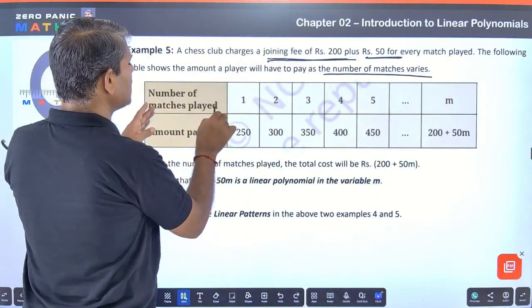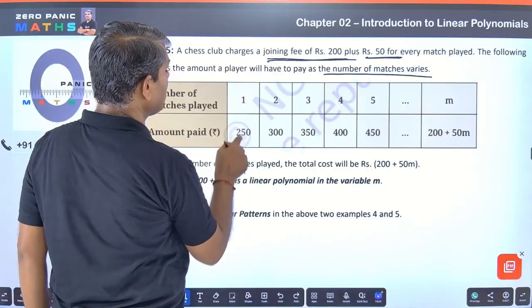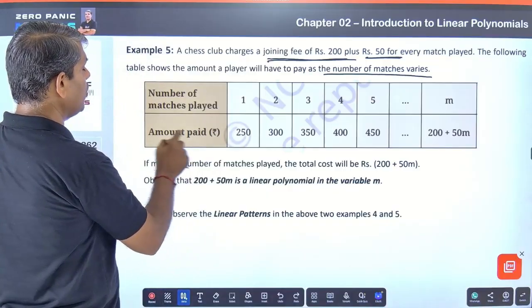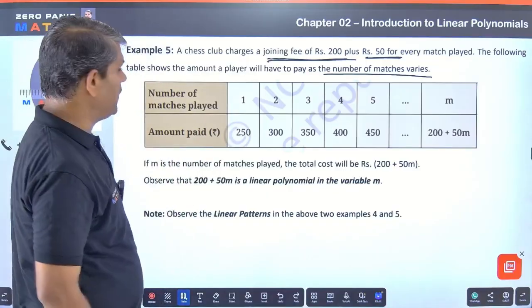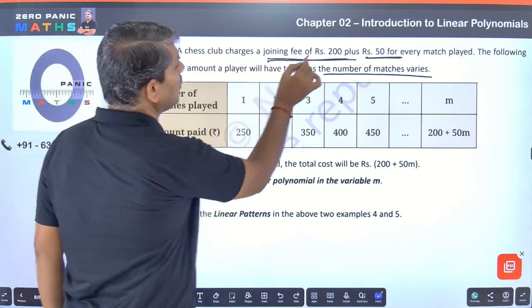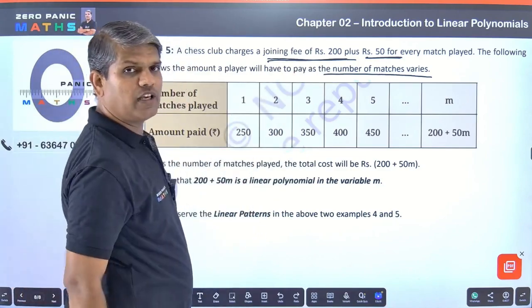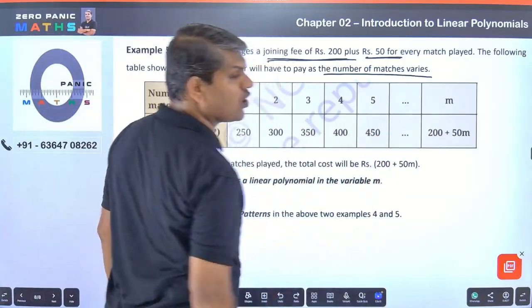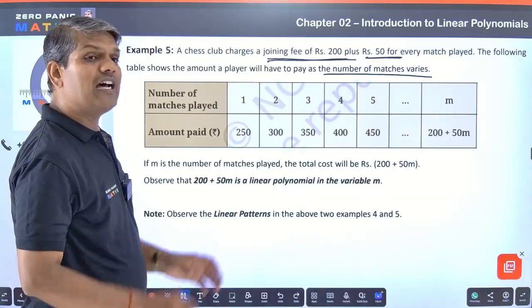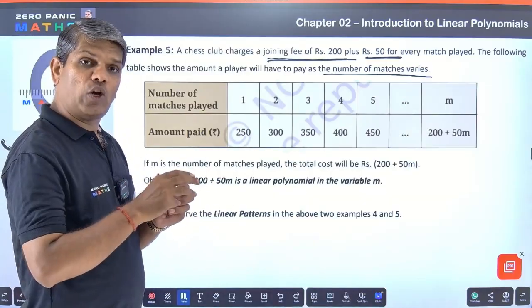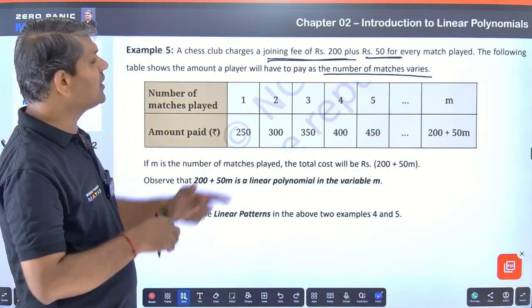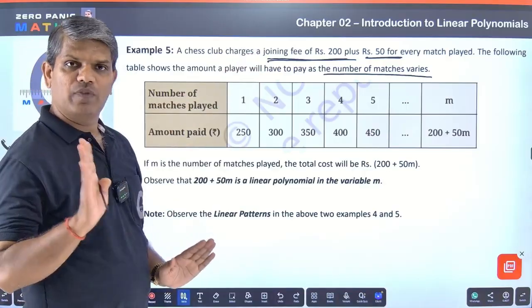The number of matches played, if he plays one match, he will have to pay 250 rupees. The second row here is the amount paid in rupees. Why 250 rupees? Because 200 is already paid as a joining fee. So whatever value you see in all these cells is 50 rupees added per match in addition to the 200 given as a joining fee. You understood this?